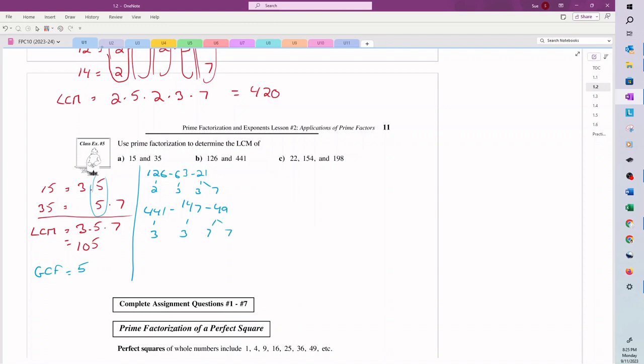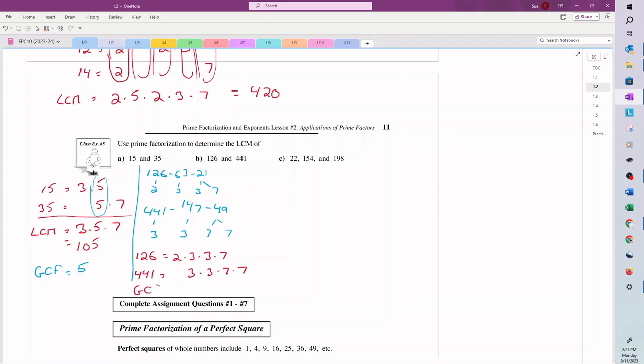So I've got 126 equals 2 times 3 times 3 times 7, and 441 equals 3 times 3 times 7 times 7.